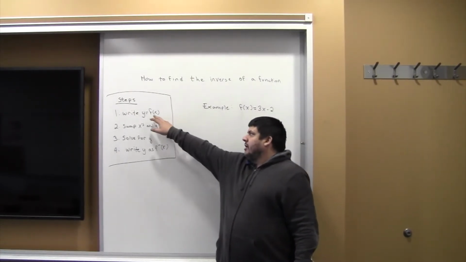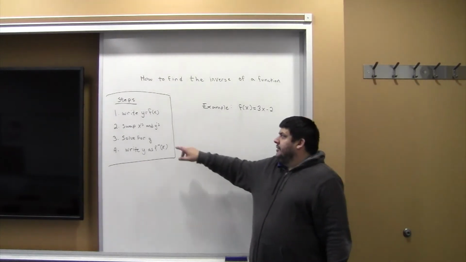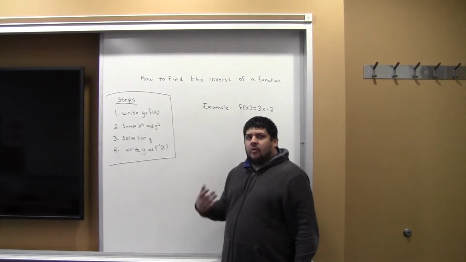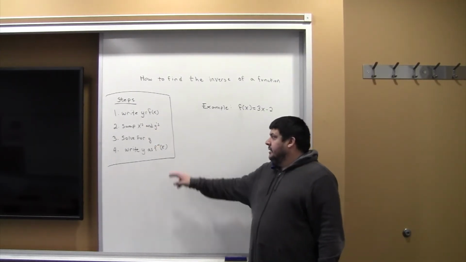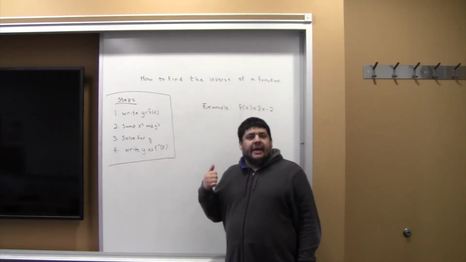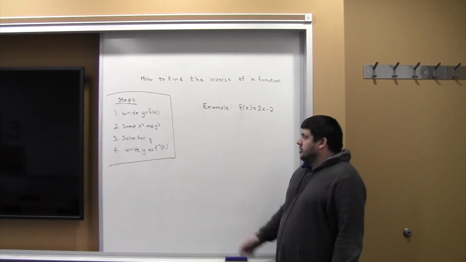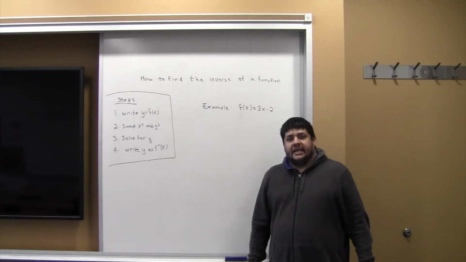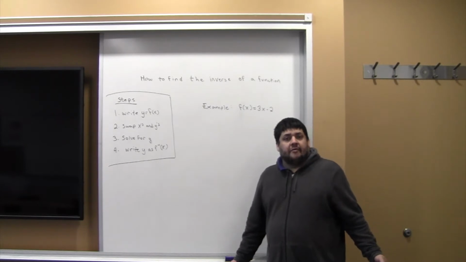So wherever I see f of x, I'm going to replace that with y. Then, everywhere I see an x, I'm going to swap it with a y, and everywhere I see a y, I'm going to swap that with an x. Then, we're going to solve for y, and finally, we're going to write y back as f, but this time as f inverse of x. Okay? So write those steps down because we're going to use them every time in every example that we do in relation to how to find the inverse of a function.